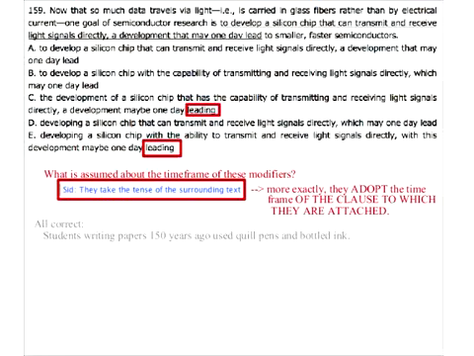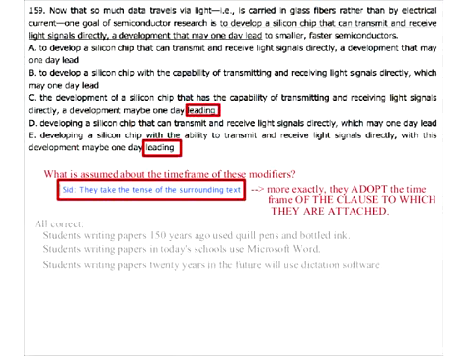Another correct sentence could say: students writing papers in today's schools use Microsoft Word. And finally, last but not least, you could say: students writing papers 20 years in the future will use dictation software. So these are all correct sentences.